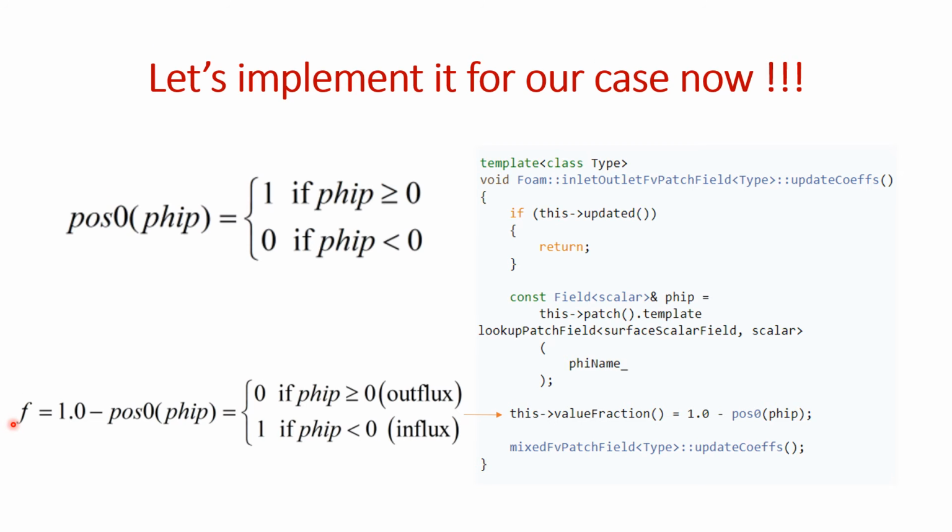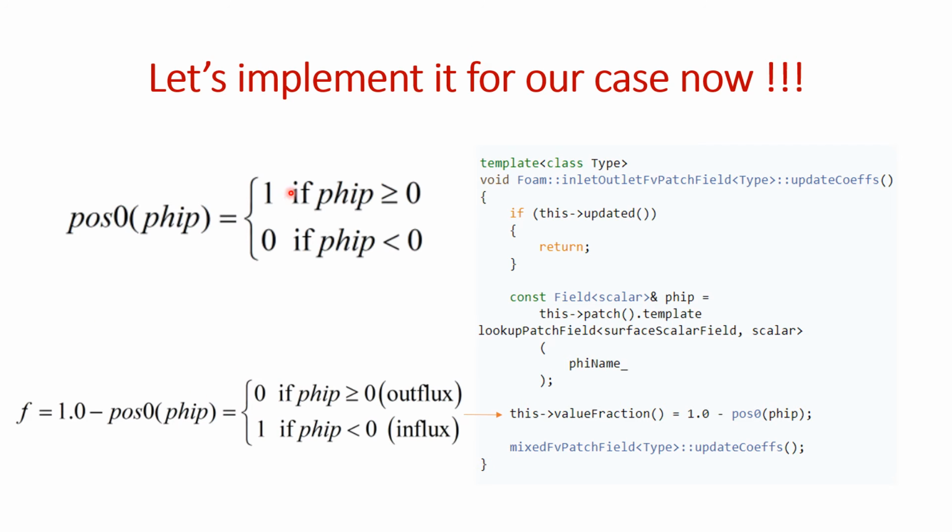And see, this is the trick. The value fraction is changing, and this gives our implementation of zero gradient or the fixed value as set by the user. So what we see, the value fraction f is equal to 1 minus PosZero phi p.